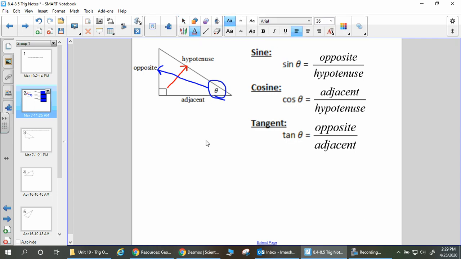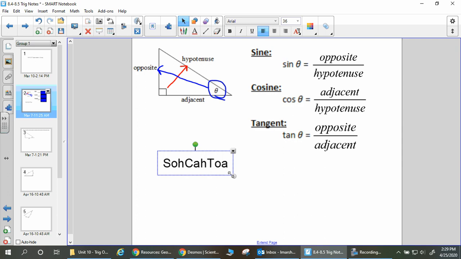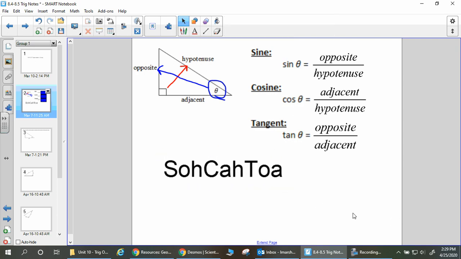There is a phrase that goes along with this. We often say SOH CAH TOA, and I know that seems kind of strange, but if you're asked to remember the three trig functions on your own, this phrase SOH CAH TOA is sort of a shortcut or a mnemonic for doing that.